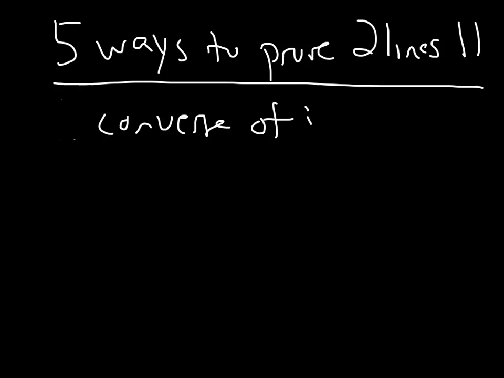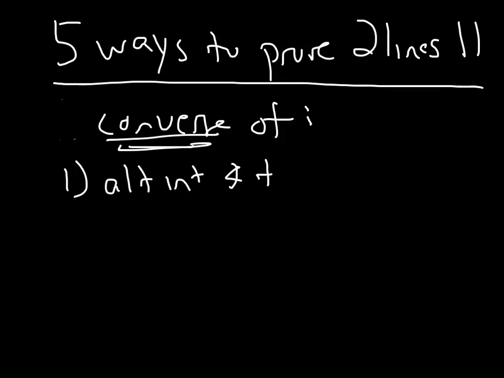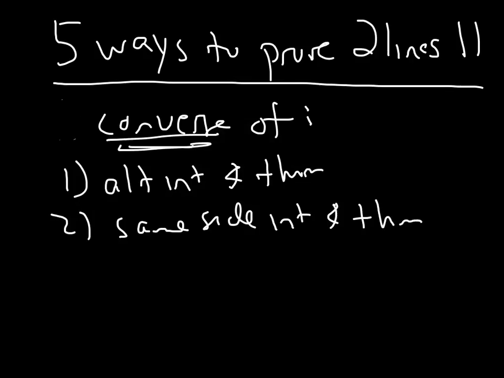So for the first three: converse of the alternate interior angle theorem, converse of the same side interior angle theorem, converse of the corresponding angle postulate. If you knew the alternate interior angles were equal, or the corresponding angles were equal, or the same side interior angles were supplementary, you could say the lines must be parallel by the converse of those three theorems.